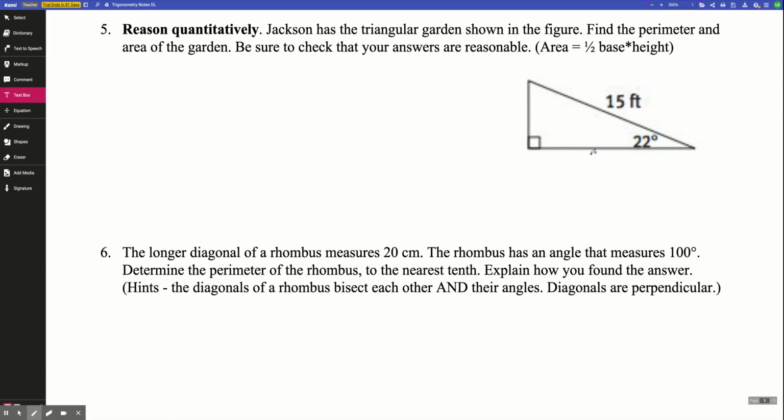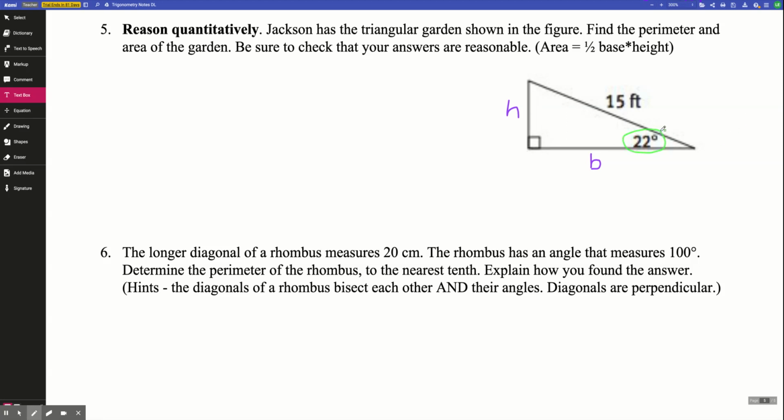So what I'm going to do is label this horizontal side here at the bottom B for base, and then this one right here H for height. Okay, so I'm going to need to use my knowledge of trig in order to figure out what the base and the height are. After that, I can figure out what the perimeter and the area are, okay?